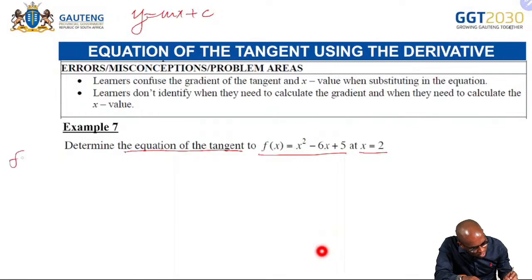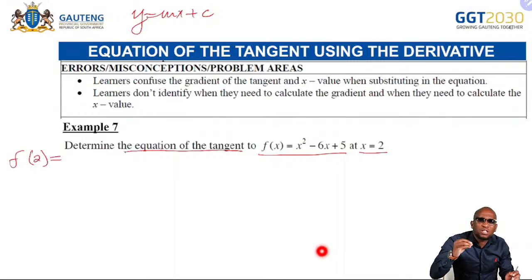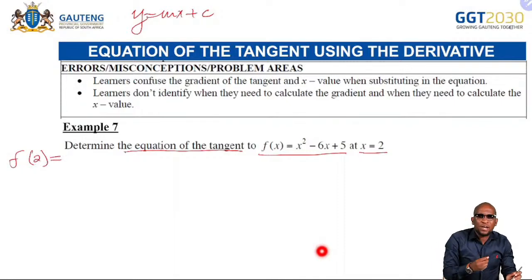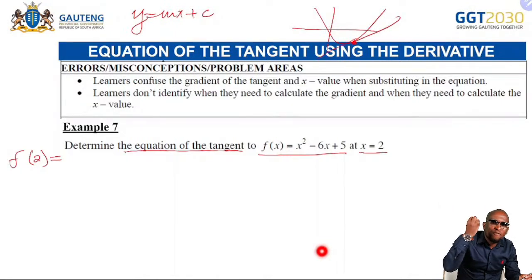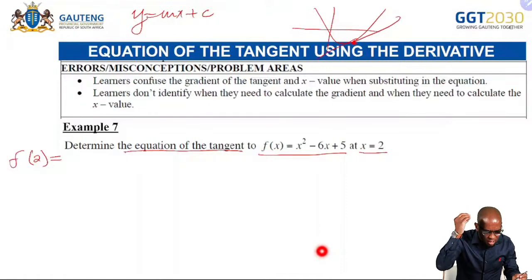How are you going to work out the point of contact? We are going to input 2 where we see x, so that we get the value of y when x equals 2. Because we know that a tangent should touch the function. Where it touches, we call that point the point of contact.